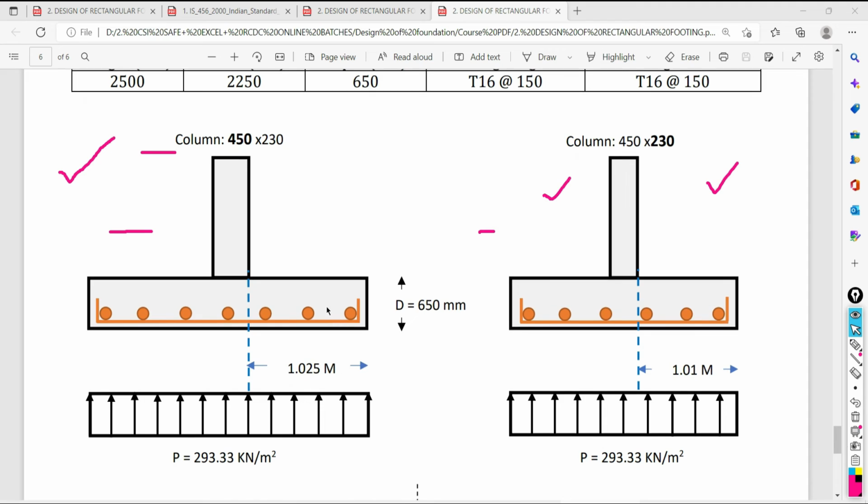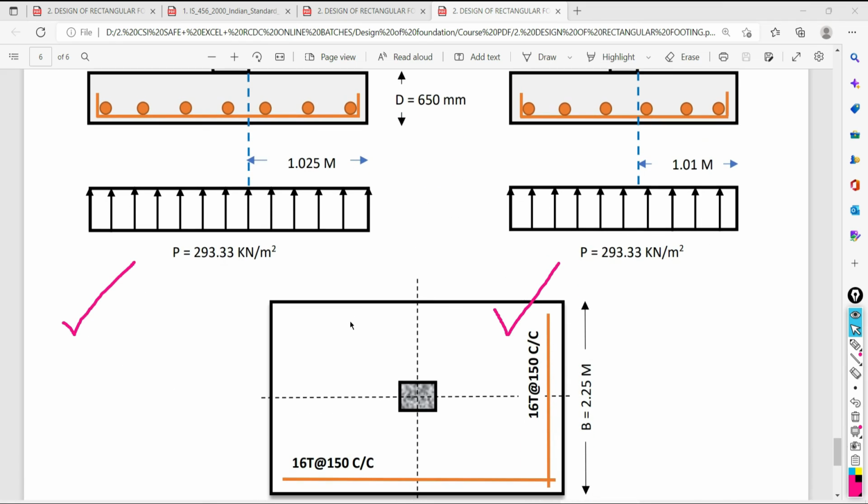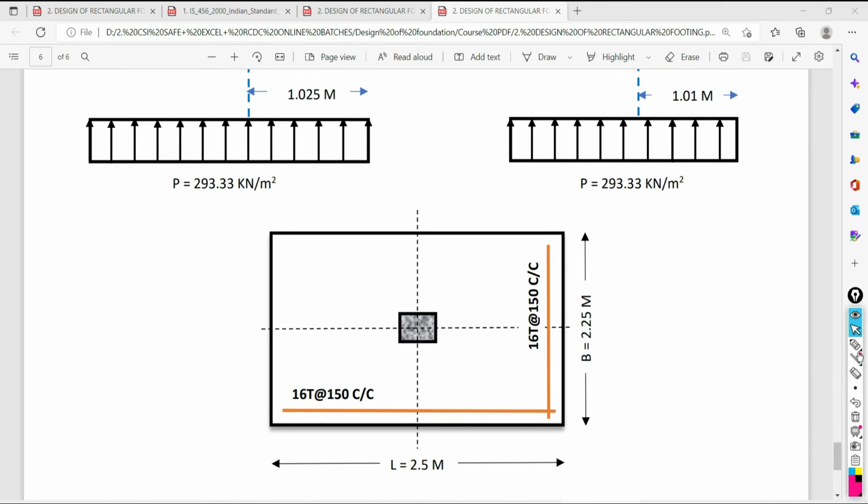Thereafter we have to prepare the detailed diagram. Detailed diagram will include the sectional elevation along the length of the footing and the sectional elevation along the width of the footing, that will show you how the reinforcement has to be placed over your footing. Thereafter we prepare the in-plan detailing of your design result, that will show how much the length and width of the footing are, and how the reinforcement is going to be placed.